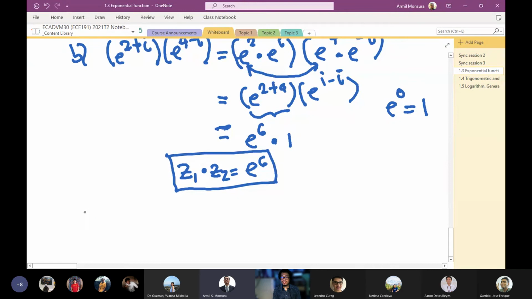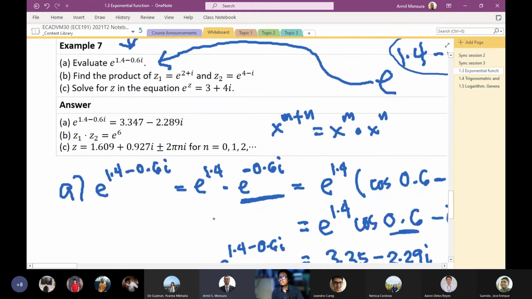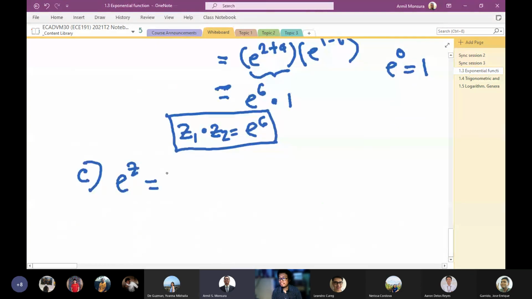Okay, and then finally for letter C, we are asked to solve for Z in the equation E raised to Z equals 3 plus 4i.